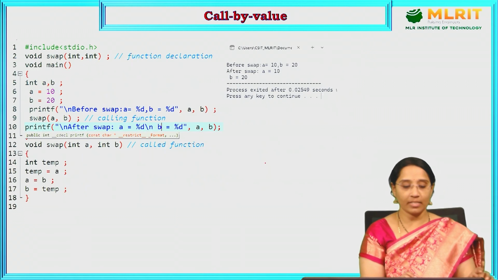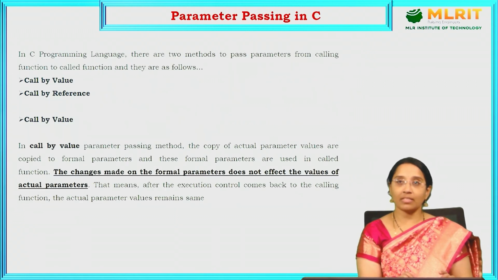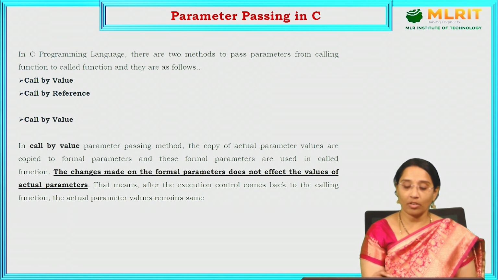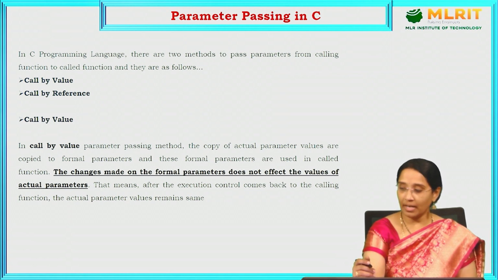So how is it done? In the previous example, whatever changes I made in the called function didn't affect the calling function. So instead of that, what can we do? You can send the addresses.